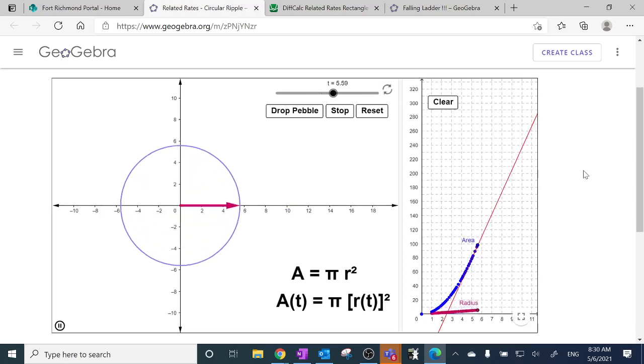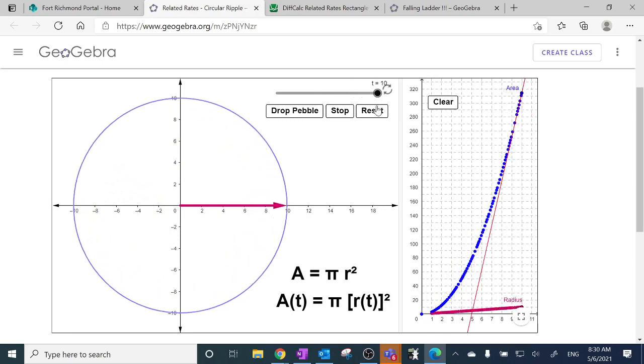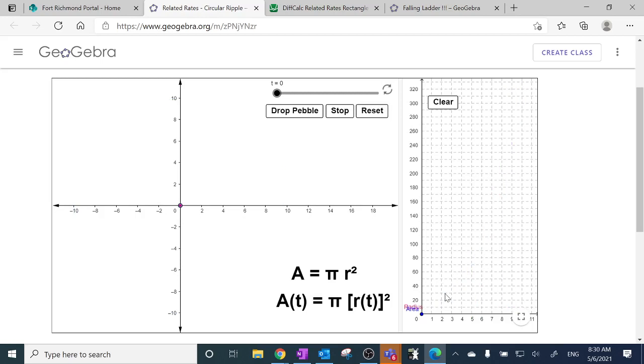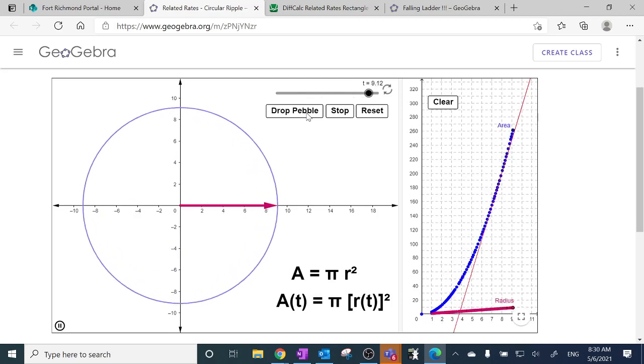You can see the circle growing. Let's reset that. And notice on the right-hand side here, I have a nice little chart where I'm comparing, as time goes on the horizontal axis, how much the radius grows in red versus how much the area grows in blue. So we drop the pebble at 0, 0, and that circle grows.